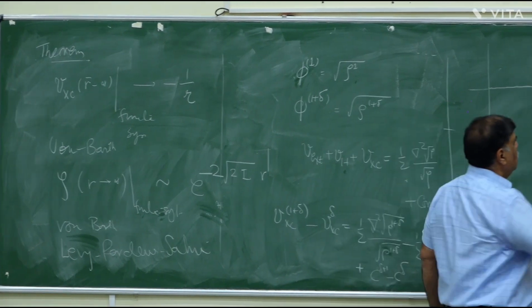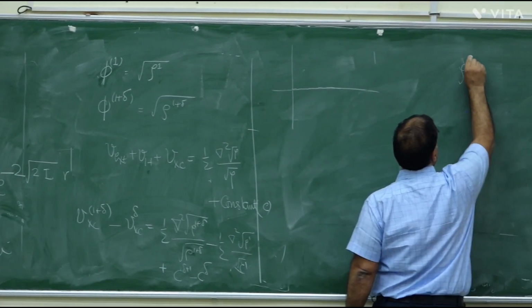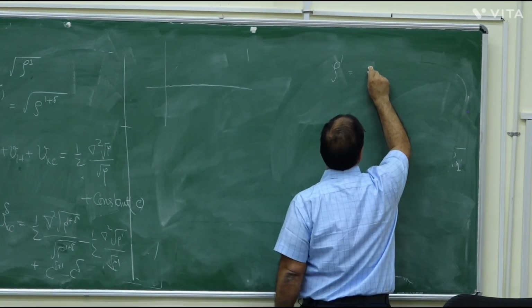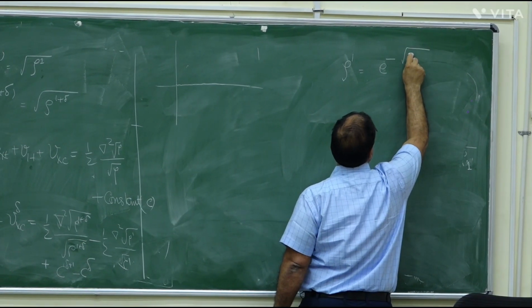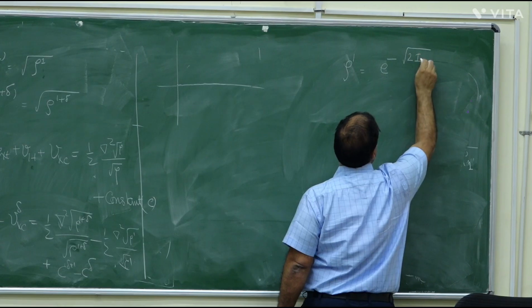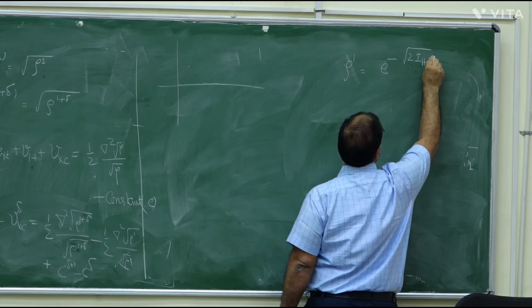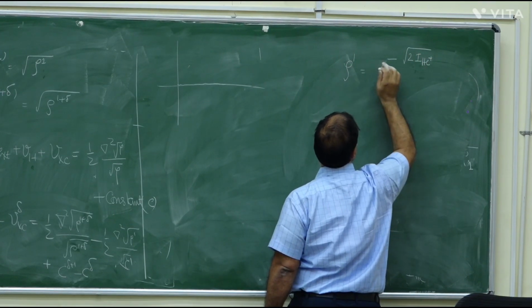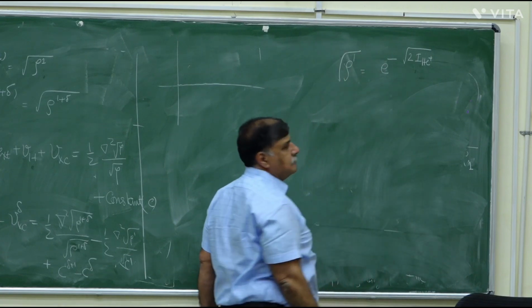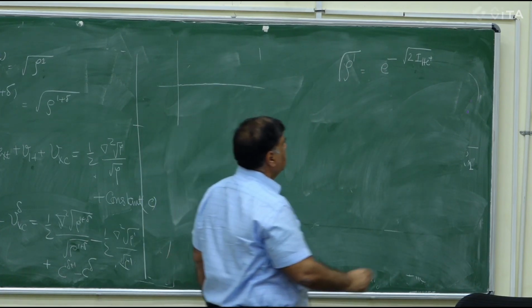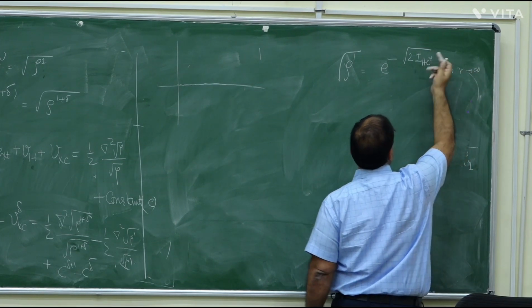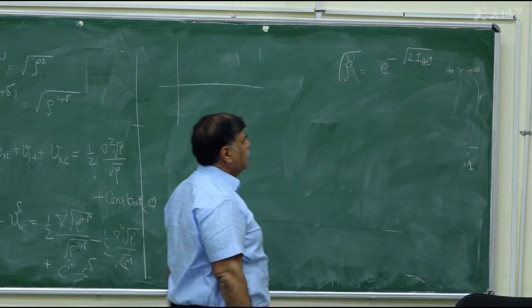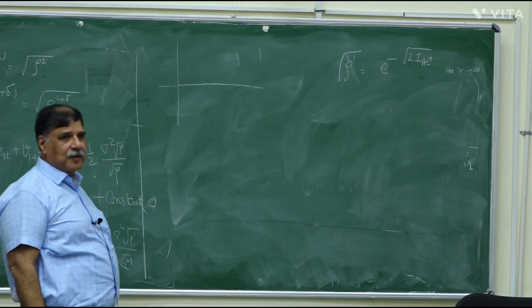If I were to take rho 1, this will be equal to e raised to minus 2I, as R goes to infinity. In fact, it's exactly this because it's hydrogenic, but nonetheless, just like this.